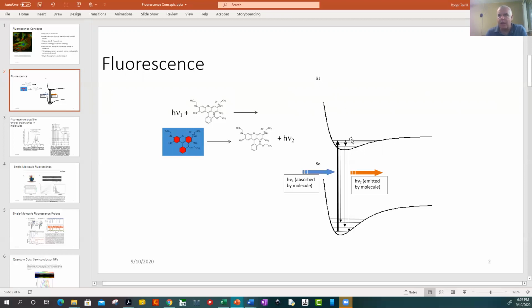Then there's vibrational relaxation and then emission into a variety of vibrational states in the ground electronic state. Essentially the absorption and the emission differ by about twice the vibrational energy loss of the molecule. Does that make sense?